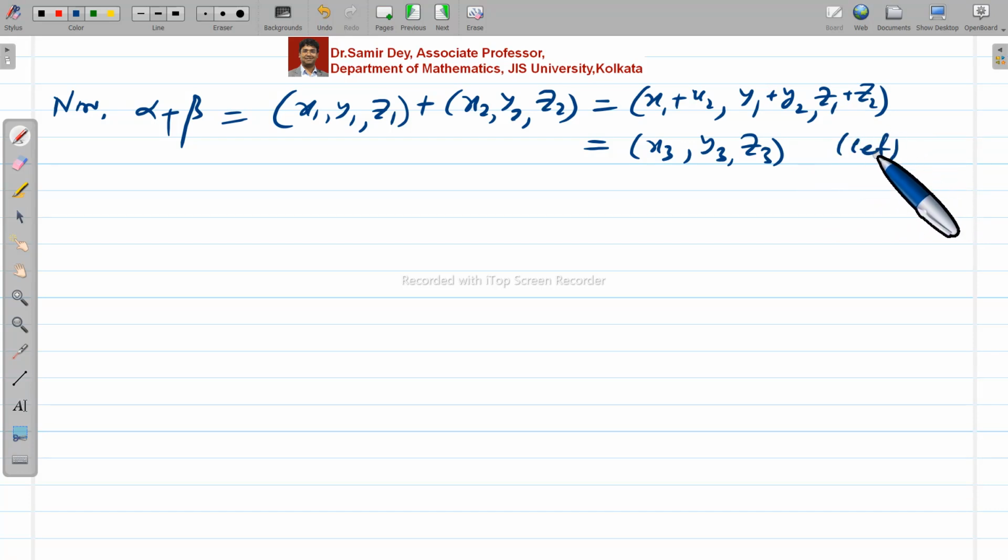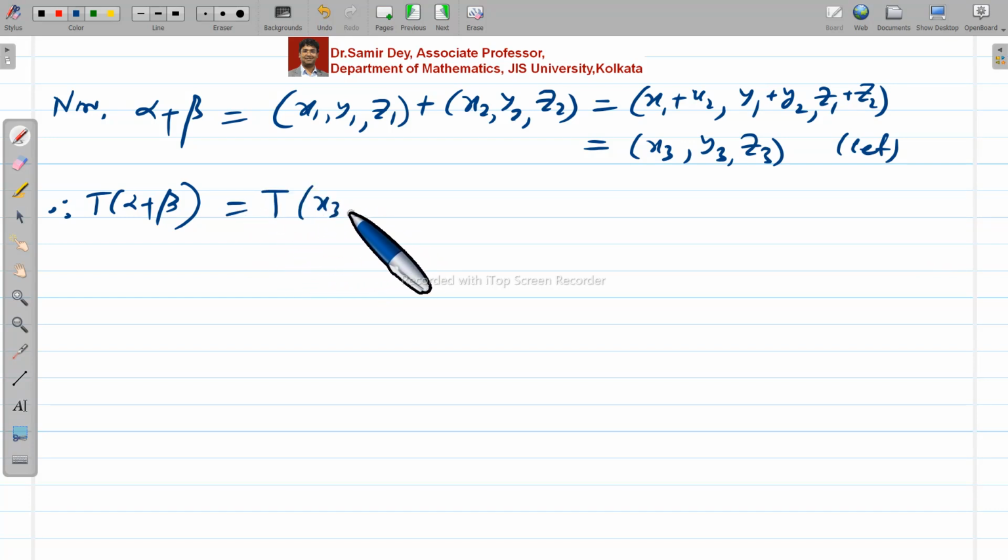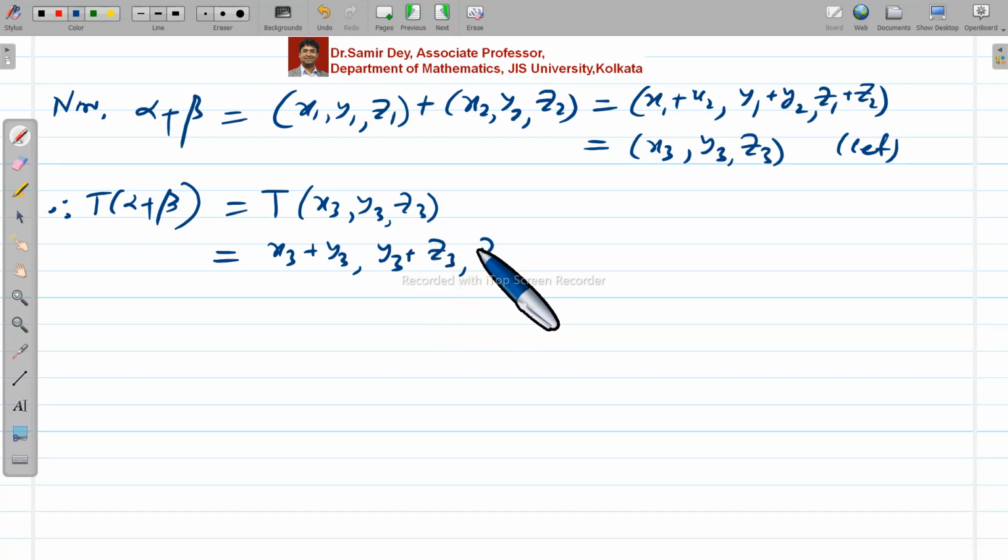Let. Okay. So now we need to prove. Therefore T of alpha plus beta is equal to T of (x3, y3, z3). So from here we may write (x3 plus y3, y3 plus z3, z3 plus x3) formula wise.